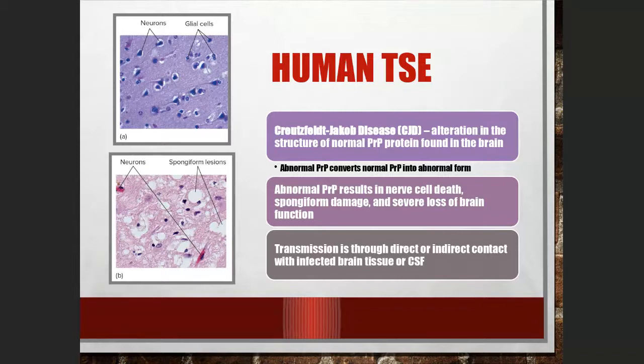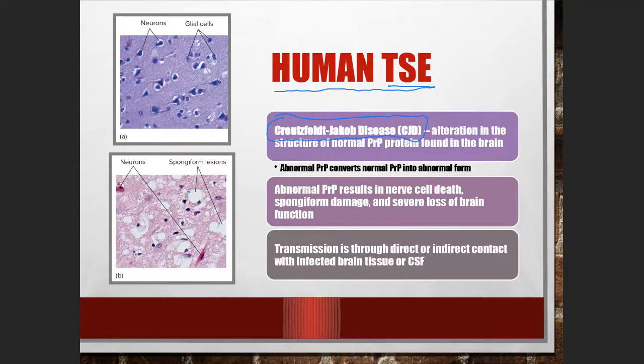Again, human TSE, transmissible spongiform encephalopathy. Mostly, the most common one is the Creutzfeldt-Jakob disease, or CJD. And again, this is a type of spongiform encephalopathy. If you see this, compare the normal brain with the TSE brain.